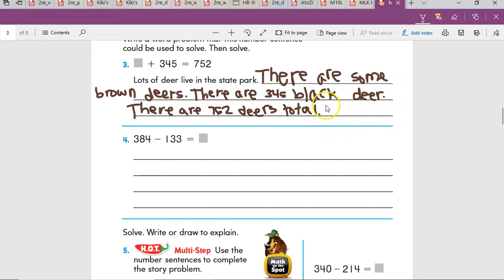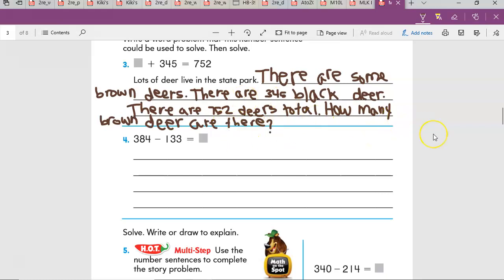How many brown deer are there? Okay, how many brown deer are there?